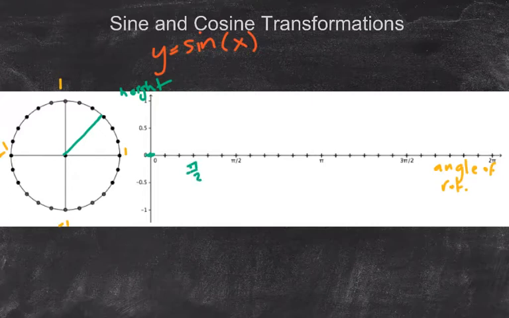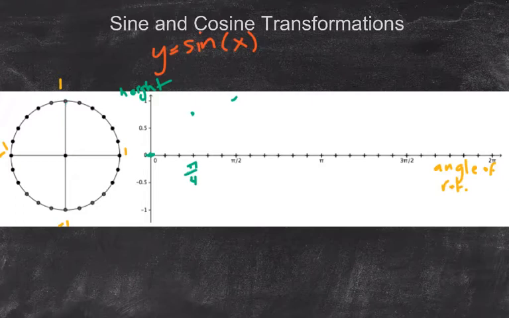So when my input is pi over 4, my output is about 0.7. So I'm going to estimate it right there. When my input is pi over 2 radians, my output is 1. So I'm all the way at the top of my curve here.